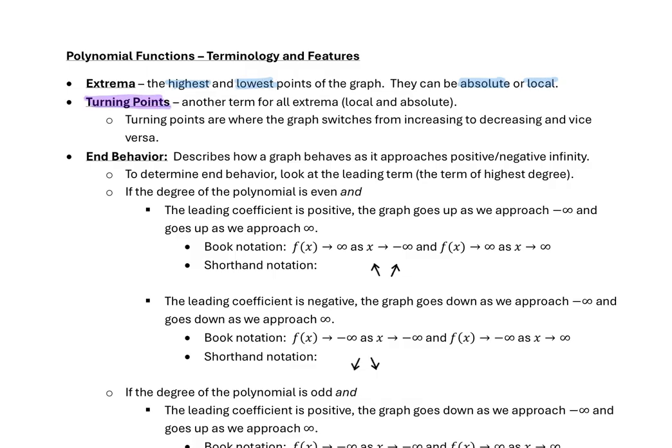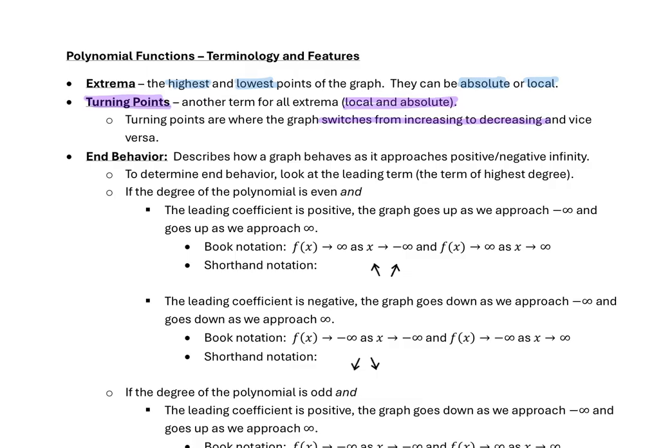This is another term for all extrema, local and absolute, and we call them turning points because these are points where the graph switches from increasing to decreasing or decreasing to increasing.